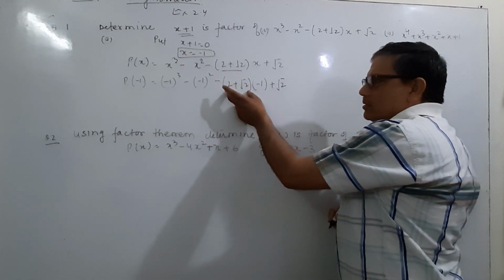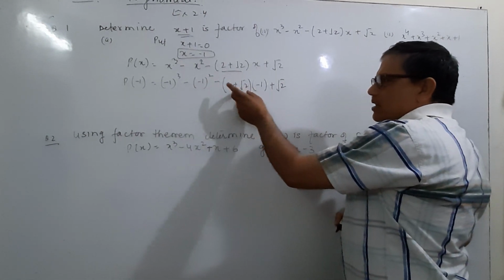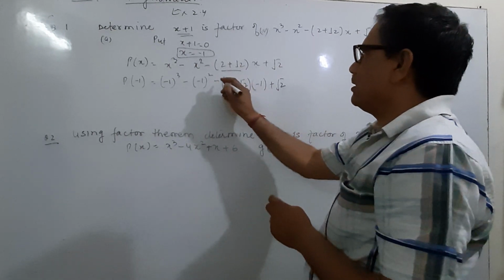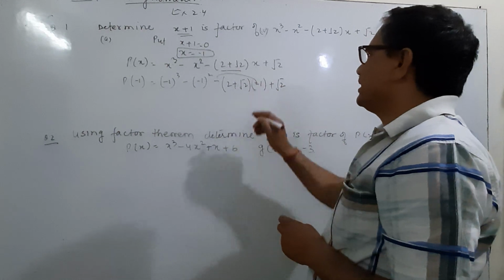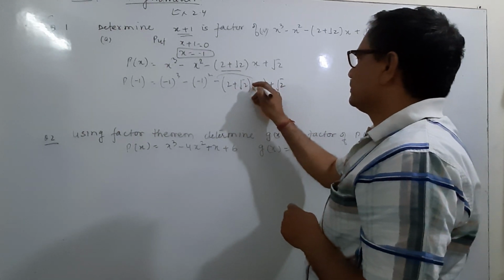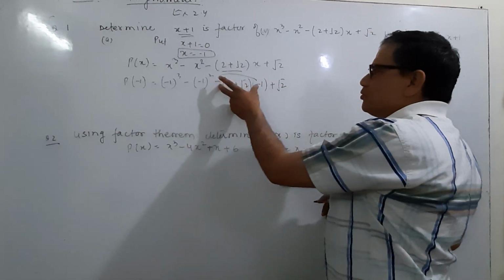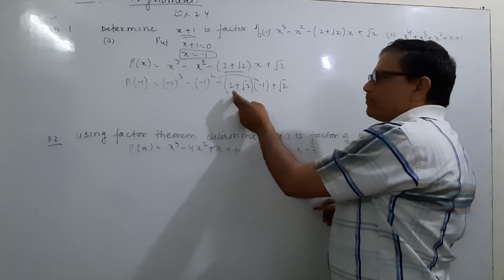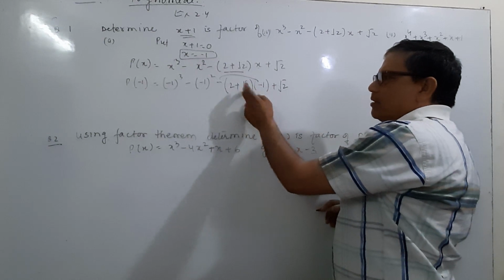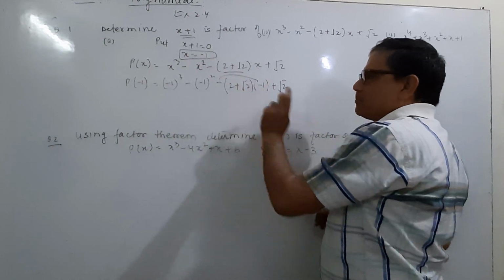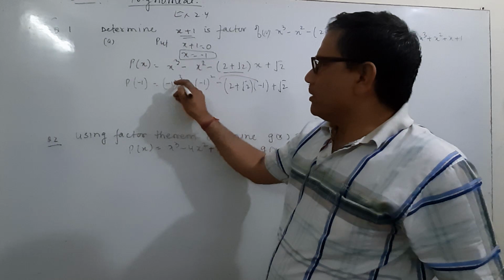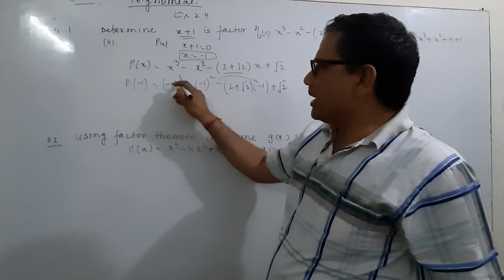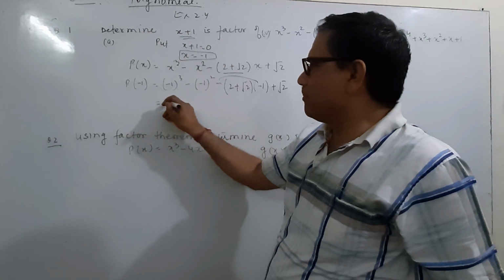This (2 plus root 2) has a minus sign and this one has a minus sign. This minus and this minus multiply and make positive. Minus multiplied by minus is plus; they are multiplied, not subtracted. Minus 1 to the power 3: a negative to an odd power gives minus 1.